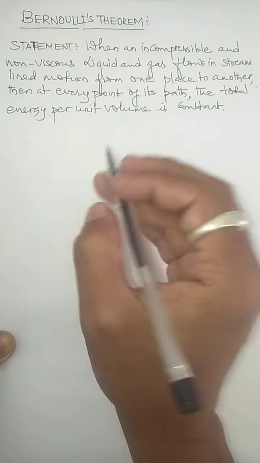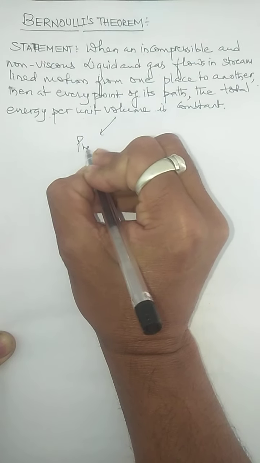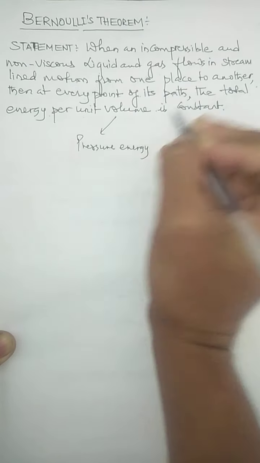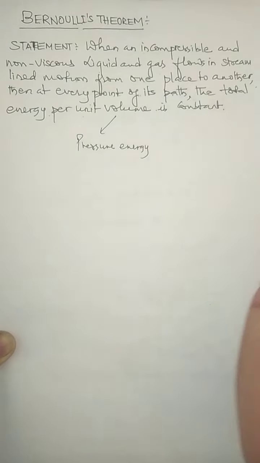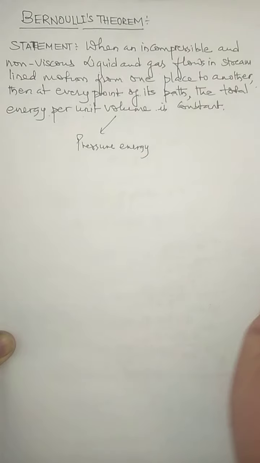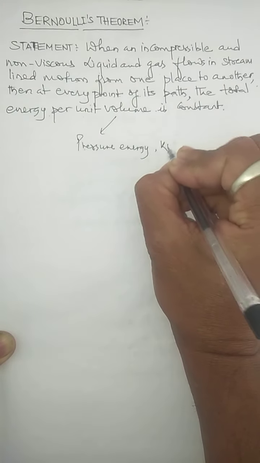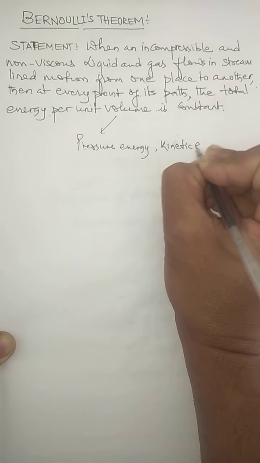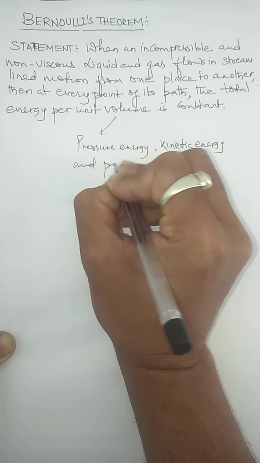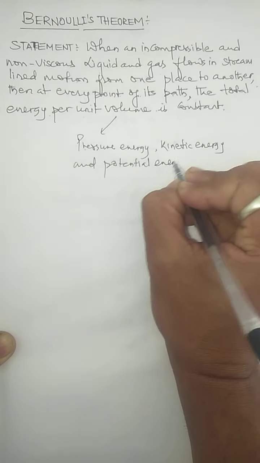Now total energy per unit volume means the three types of energy. As you know, one of the energies is called pressure energy. You have already learned pressure energy, because when liquid or gas flows, we did last time with liquid, but gas can also flow. So three types of energy can be possessed by this liquid or gas, which are called fluids: pressure energy, kinetic energy, and potential energy.